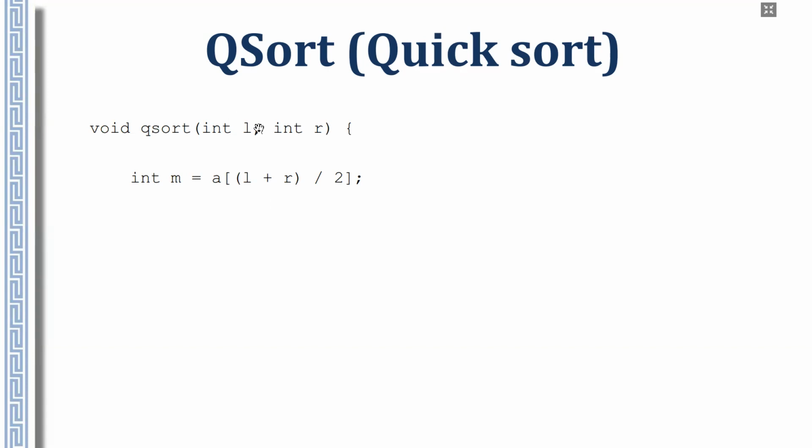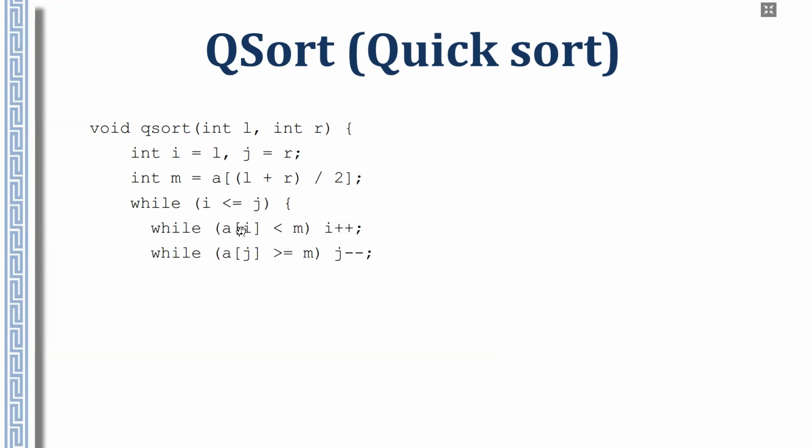For example, it should be some value inside this segment. For example, we choose the value in the middle of the segment. After that, i is the left pointer, and it starts from the left border, and j is the right pointer, and it starts from the right border, and we continue the process until they meet in some position.